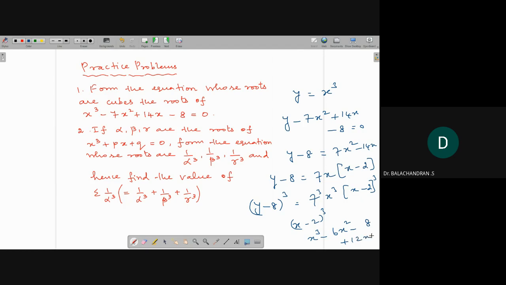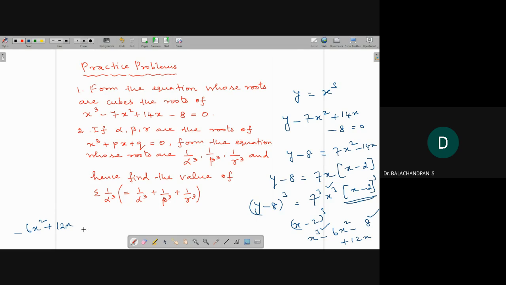So I think this is okay. Here you can replace by y. Only the problem is x minus 2 whole cube, so I expanded x minus 2 whole cube separately. Here also I have x cube, you can replace by y. Minus 8 is no problem. Minus 6x square plus 12x.